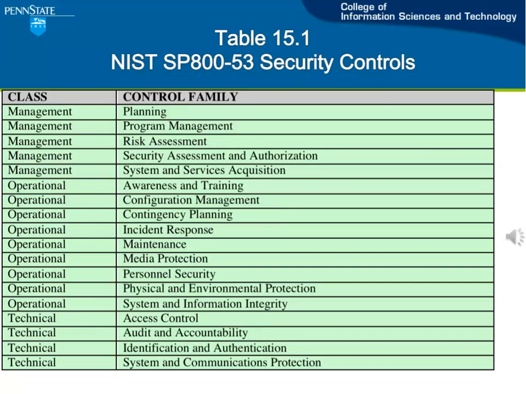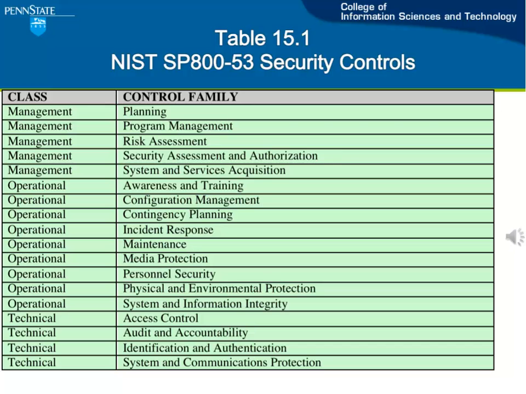While by no means exhaustive, Table 15.1 that you see in front of you has a pretty good breakdown of a mix of management, operational, and technical classes of security controls, and gives you a notional picture of how they work together. You'll see that in a good, strong organization, there's a lot of focus on operational controls, where the people doing the business are responsible for ensuring that security measures are properly followed.